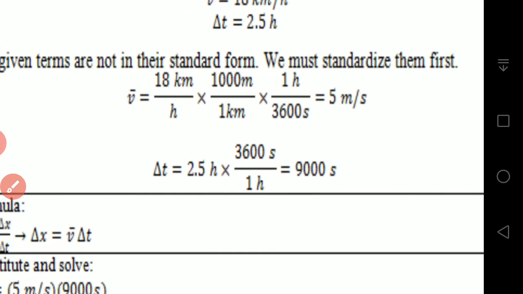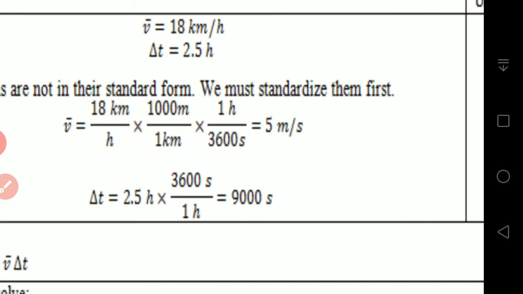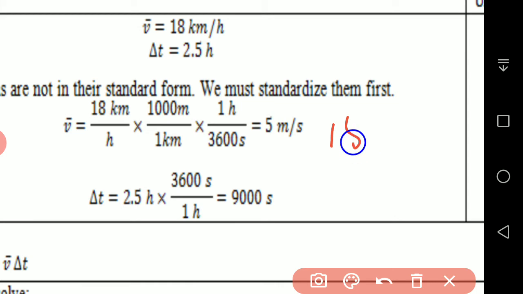Okay? Yung 18 kilometers per hour, i-convert natin. Most of the time, kapag nag-convert tayo ng kilometers per hour to meters per second, minumultiply na lang natin siya ng 0.27. So, 18 times 0.27.